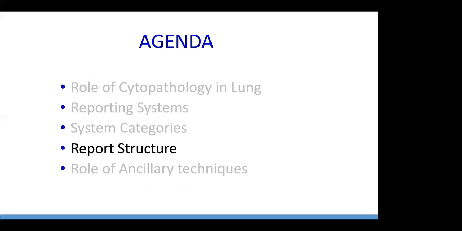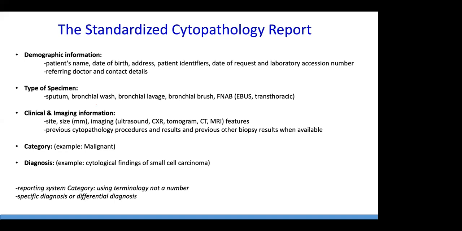How is the structure of our report? So the standardized cytopathology report needs to have demographic information, like all our reports: name of the patient, birth, address, etc. The type of specimen, and in lung, this is quite important. Say if it's a sputum, bronchial wash, bronchial lavage, bronchial brush, FNA, if it is EBUS or transthoracic.